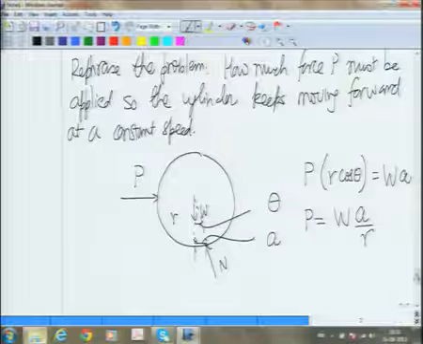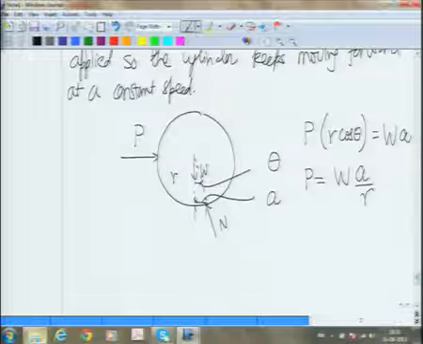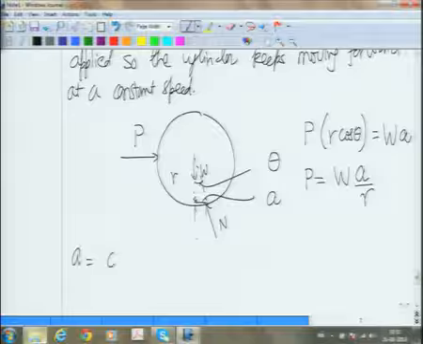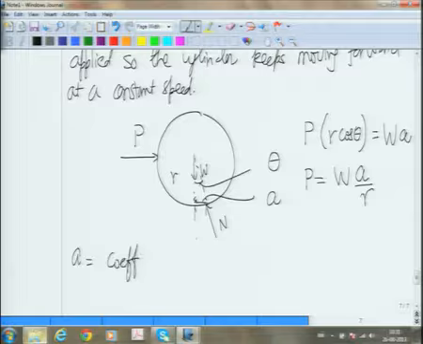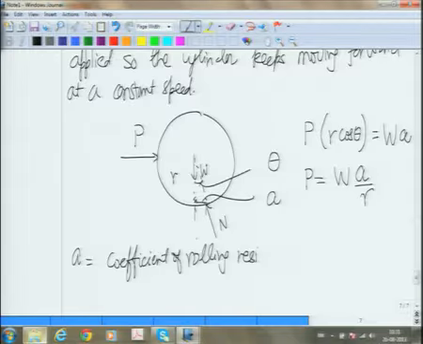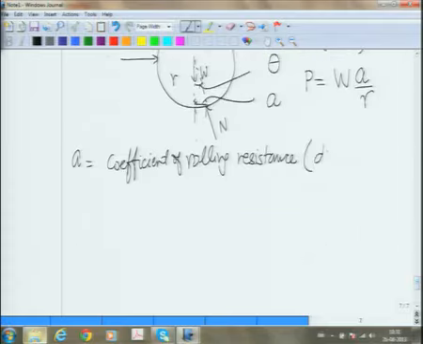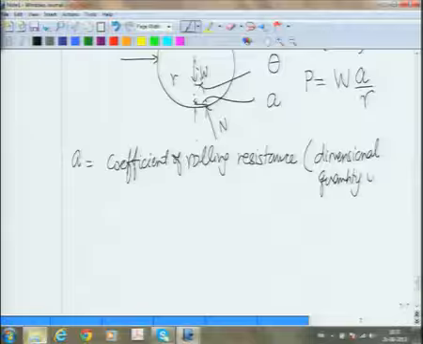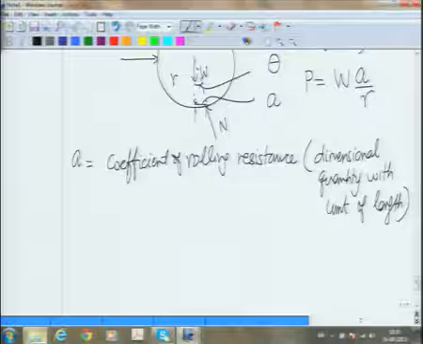One thing is very clear, so let me write this: a is what is termed as the coefficient of rolling resistance. So it's a dimensional quantity with unit of length.